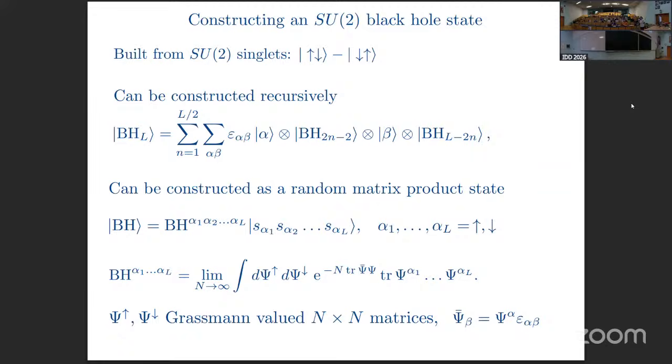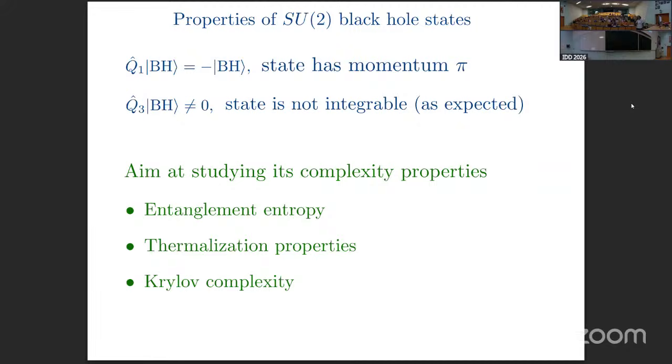That would simply kill the trace unless you say that the trace is built from Grassmann variables. Okay. So this SU2 black hole state, let me say it has nothing to do with thermal correlation functions, because this SU2 singlet does not appear when you do thermal contractions in the SU2 sector. So it's a toy model. But you can study it more easily than the SO6 spin chain, of course.